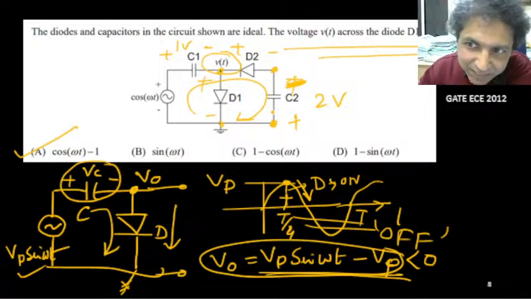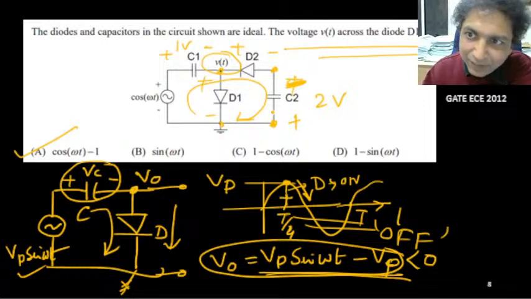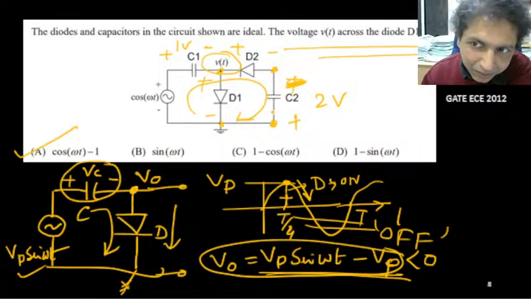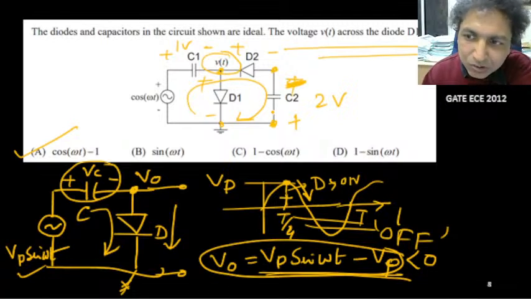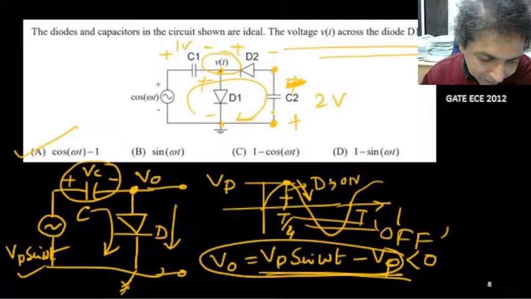This is called Clampard circuit. So for Clampard circuit I am saying again and again, just understand how much voltage capacitor will get. First capacitor will get up to peak voltage, second capacitor will get up to twice of the peak voltage.